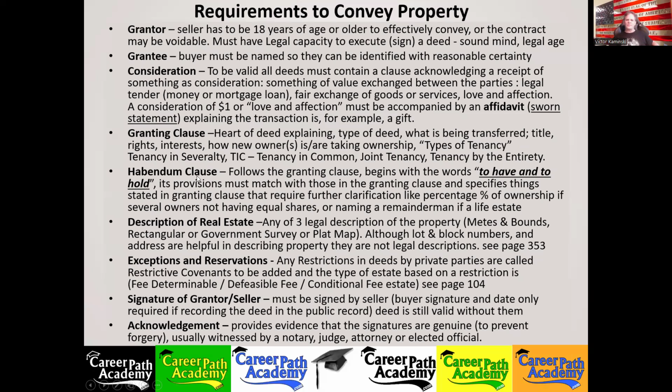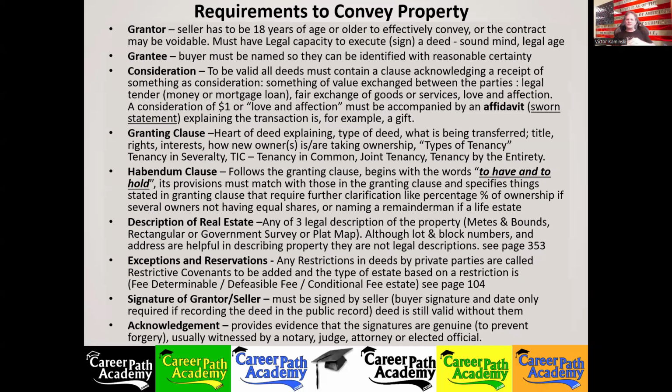And the habendum clause follows the granting clause, begins with the words to have and to hold. I like to mispronounce the word habendum, the have-and-to-hold clause, to remember that. Which clause in the deed begins with the words to have and to hold? The have-and-to-hold clause is the habendum clause, right?